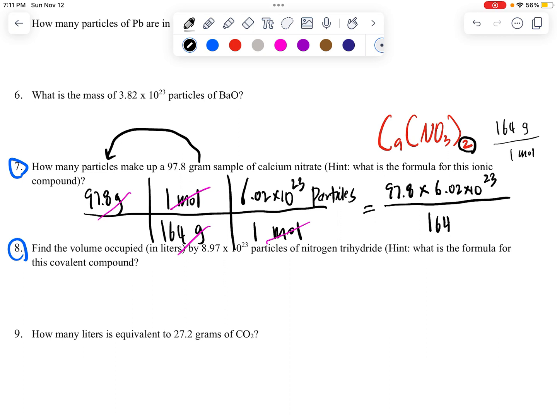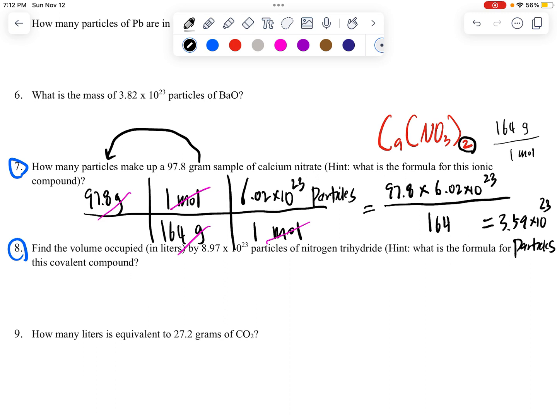That's 97.8 times 6.02 EE button to the 23rd power, all of that divided by 164. And that gives me 3.59 times 10 to the 23rd particles.